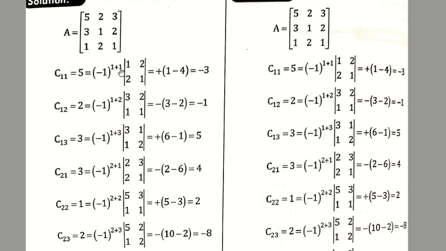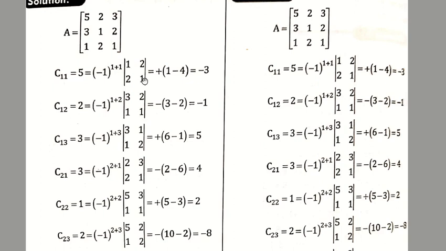So now the determinant of this will be, if you hide this row and this column with the 5, after the hiding the balance will be 1 2 2 1.